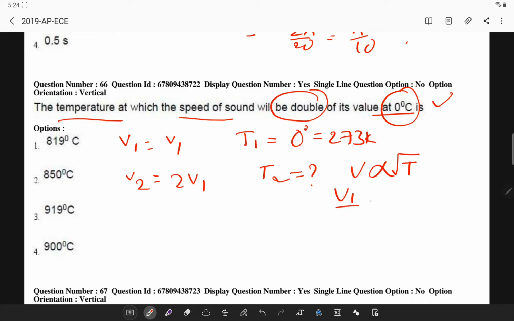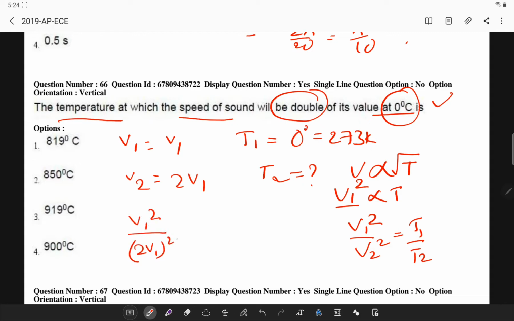So I can simply write v1 square is proportional to t, or v1 square by v2 square is equal to t1 by t2. So if I substitute v1 and v2 as 2v1 whole square in this equation, t1 is 273 divided by t2.